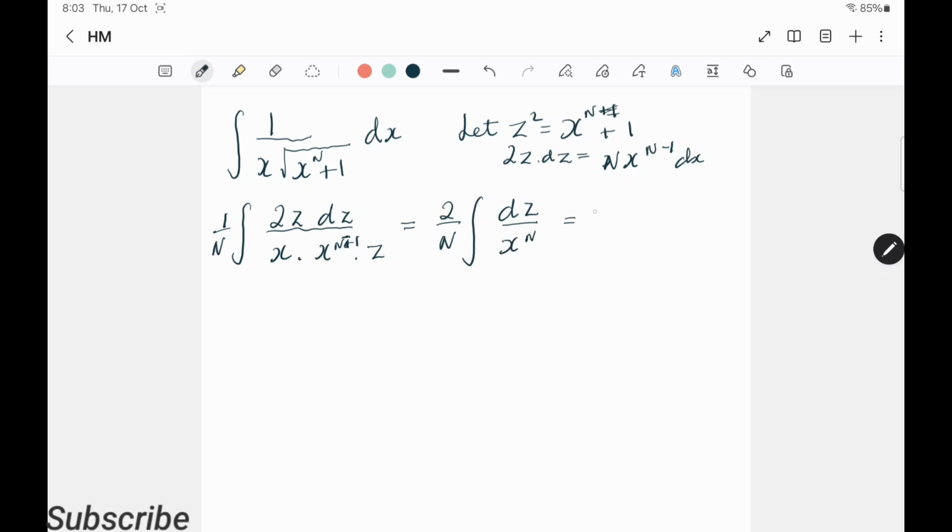which is 2 over n times the integral of dz over z squared minus 1, which we can use partial fractions to solve.